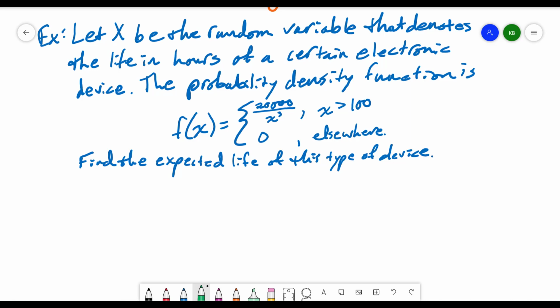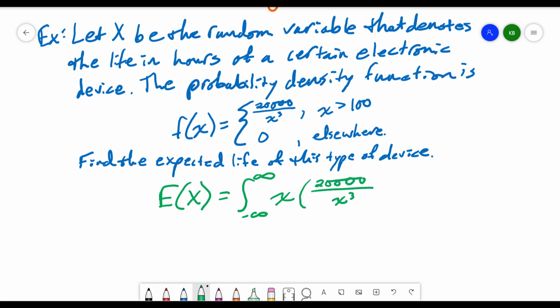And so we can just use our definition, and we know that the expected value of x is going to equal the integral from negative infinity to infinity of x times f of x. So in this case, it'll be x times 20,000 over x cubed dx.